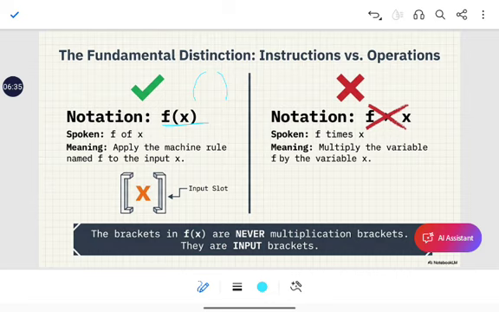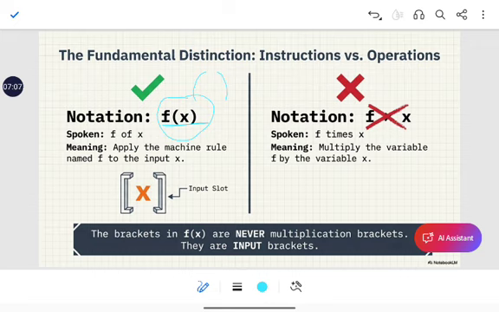So this is read as f of x. Yes, it is still using the concept which we know to be multiplication. True. But for function notation, the f of x you see here is not f times x, please. The x there is a placeholder for all the input values.